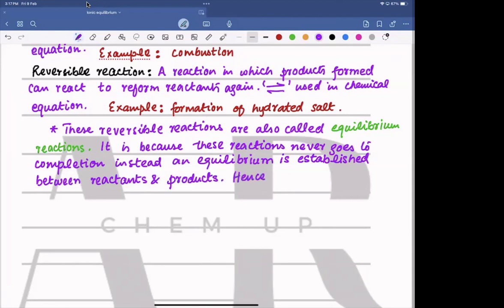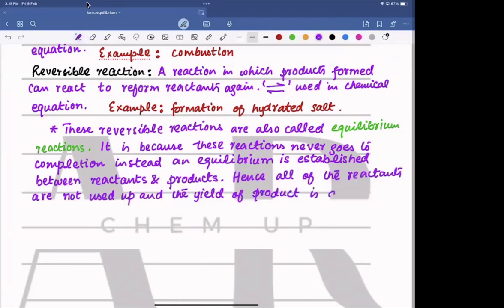Hence, all of the reactants are not used up, and the yield of product is also less than expected.